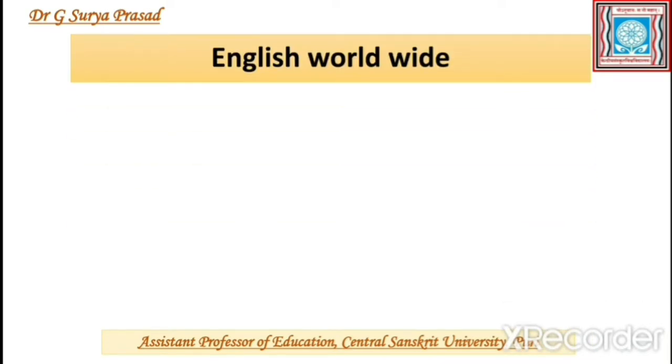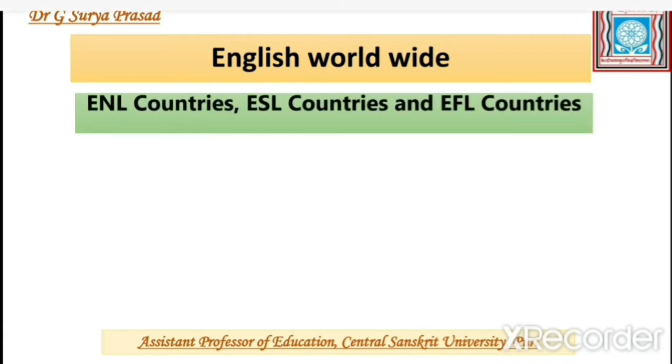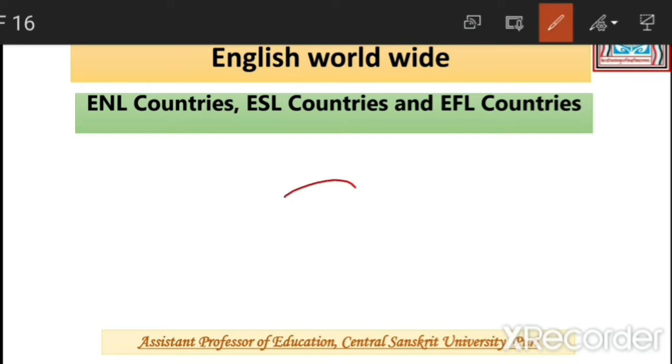Before beginning, we should understand the condition of English teaching worldwide that we see now. The teaching of English around the world is divided into three types. First one is ENL, second one is ESL, and third one is EFL.